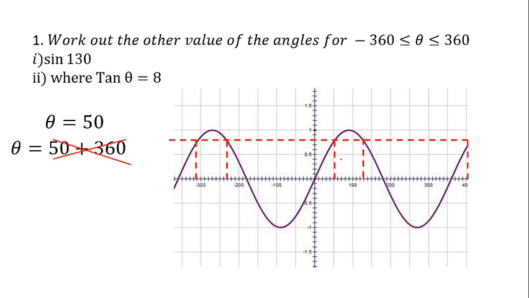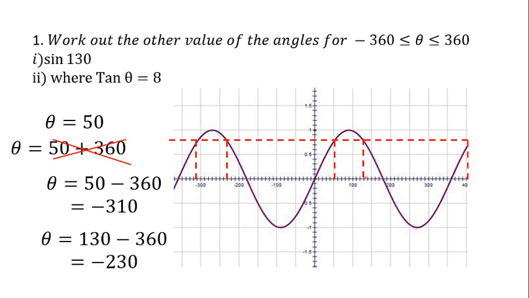Okay, so then I can take away 360. 50 take away 360 will give me this value here, which is minus 310, and then I can do this value here, which is 130, take away 360, and that gives me minus 230. And so those are the values between minus 360 and 360 that are equal to sine 130.